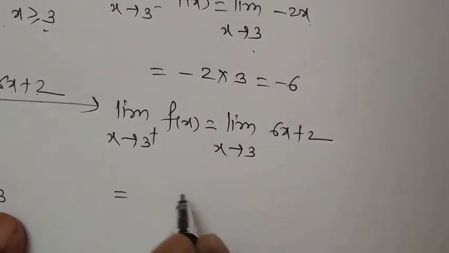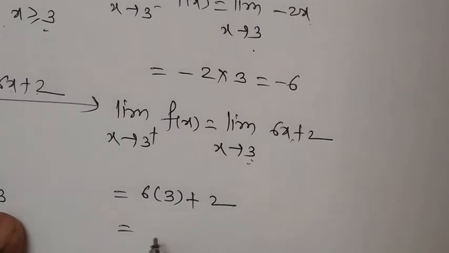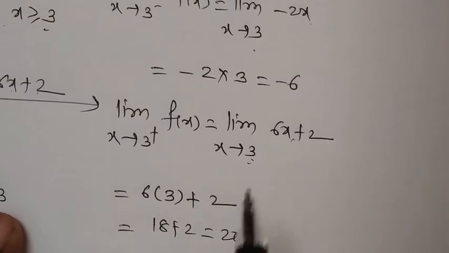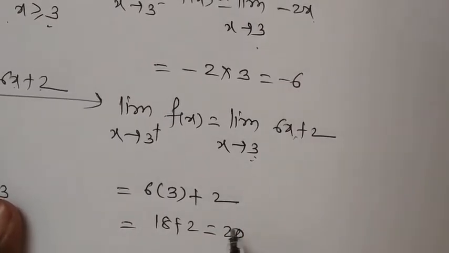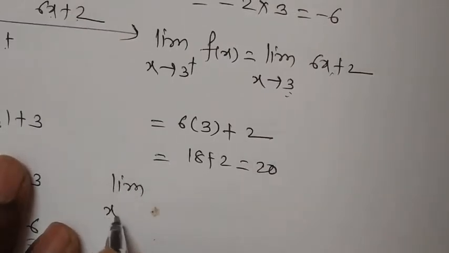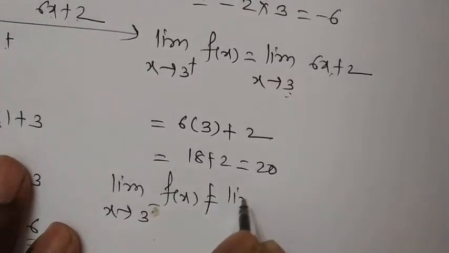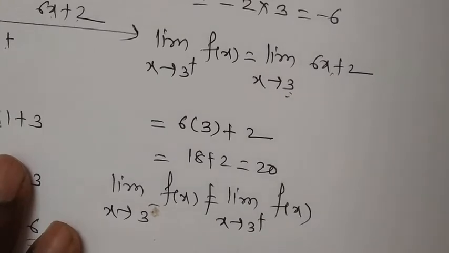Then 6 into limit x equal to 3 plus 2, that is 6 into 3, 18 plus 2, 20. Minus 6 and 20, are they equal? No. So we can write here limit x tends to 3 minus of f of x is not equal to limit x tends to 3 plus f of x.